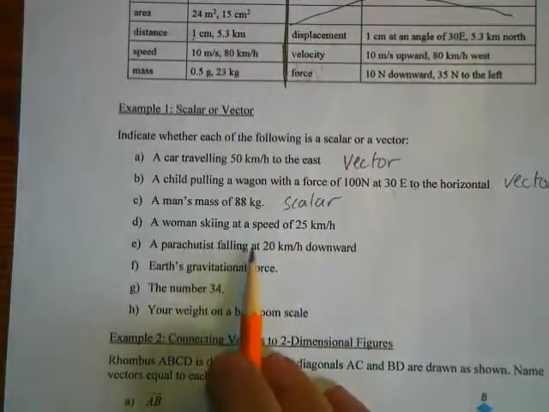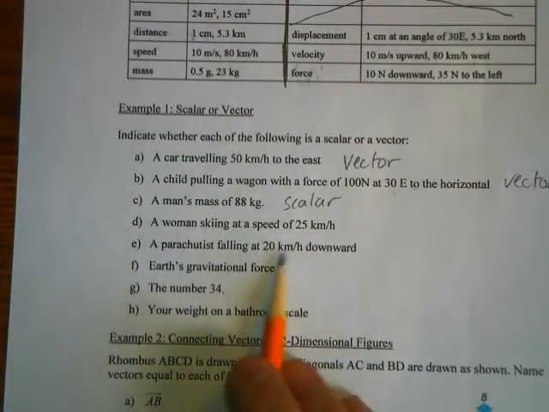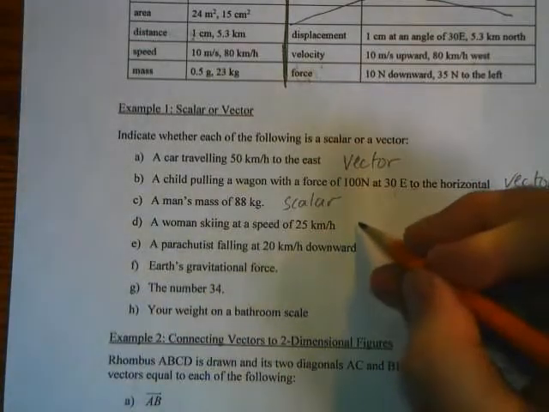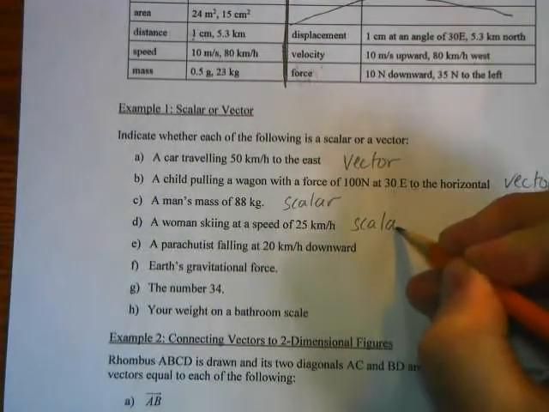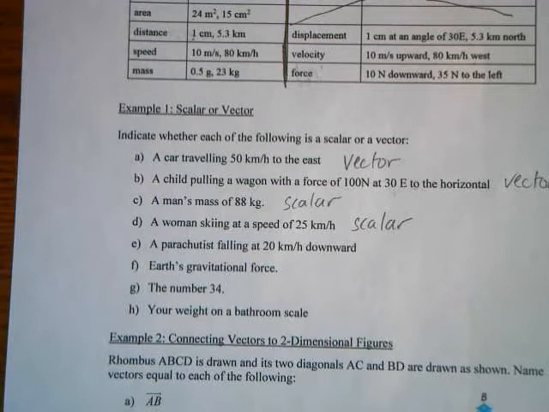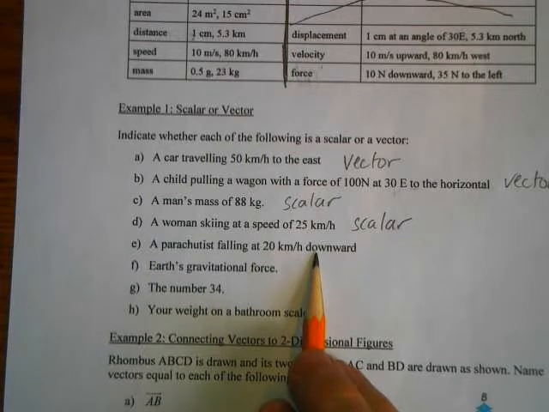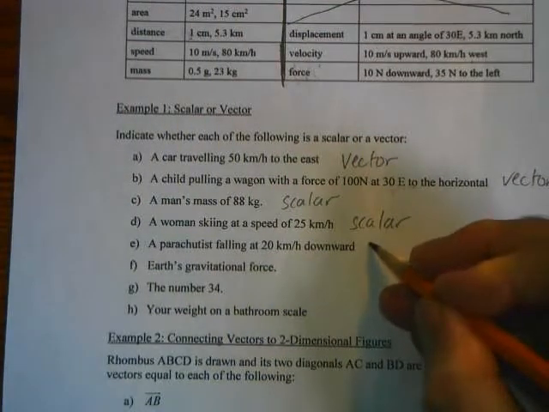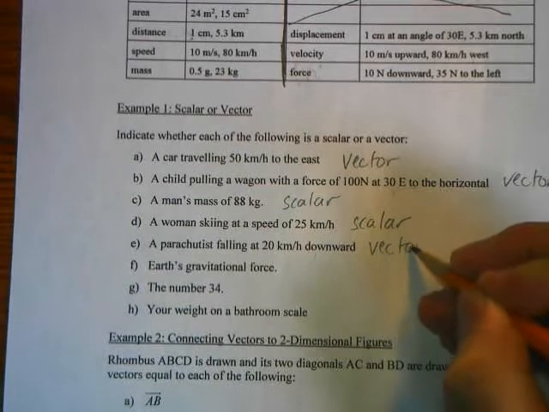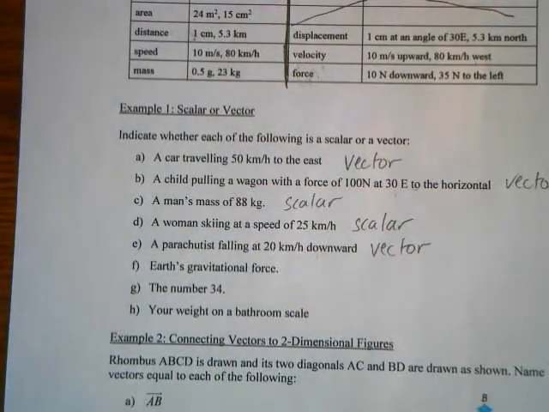A woman skiing at a speed of 25 kilometers per hour, so no direction given there, that's a scalar. A parachutist falling at 20 kilometers per hour downward. Okay, downward is a direction, so that is a vector. Earth's gravitational force.